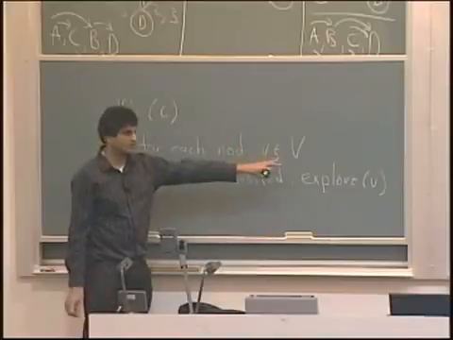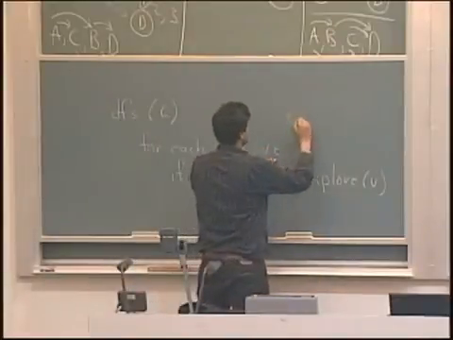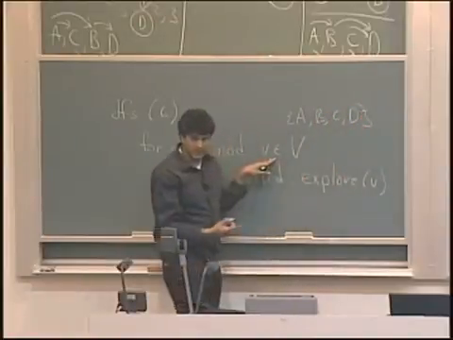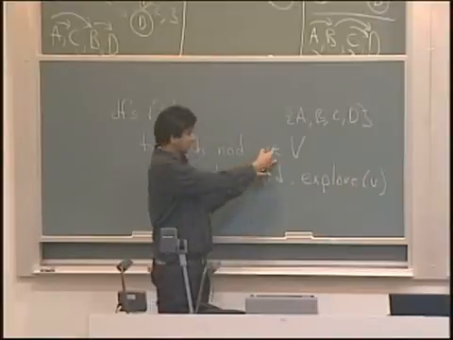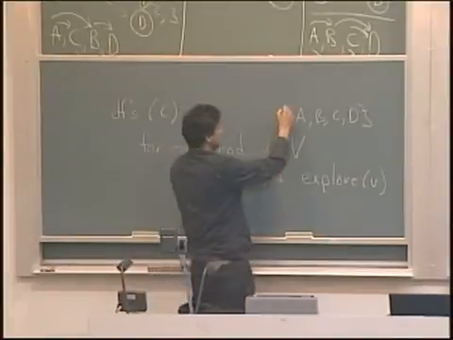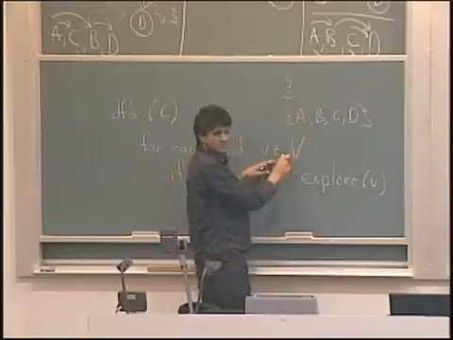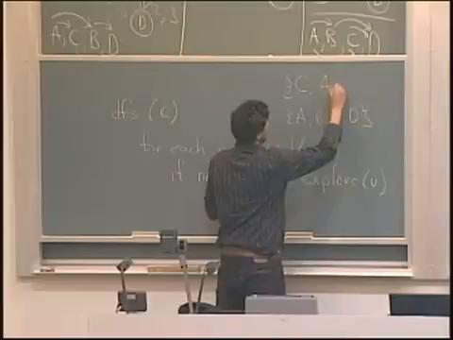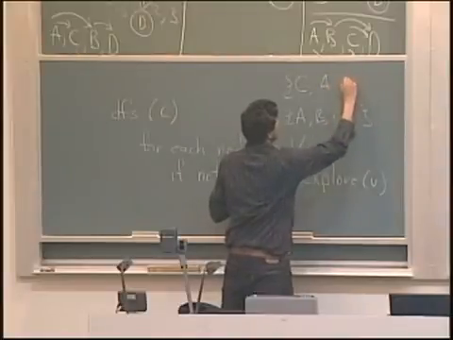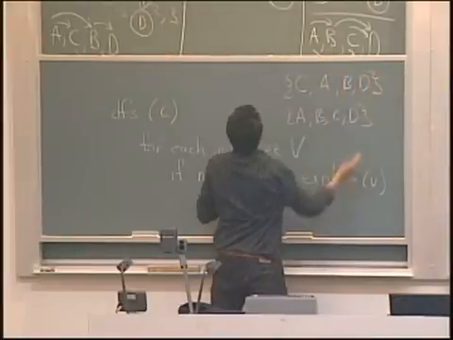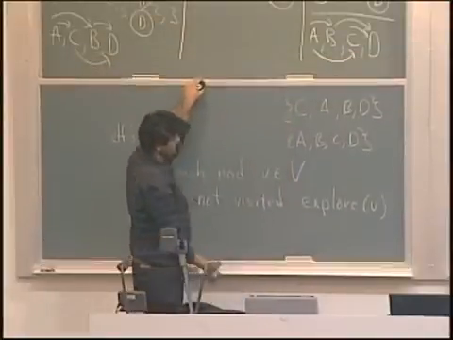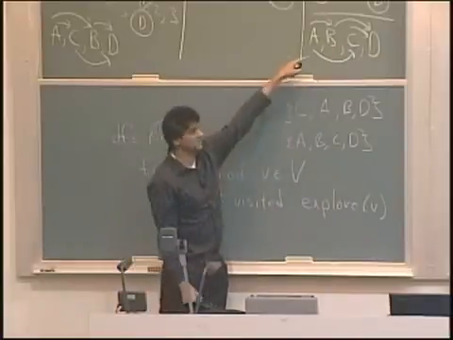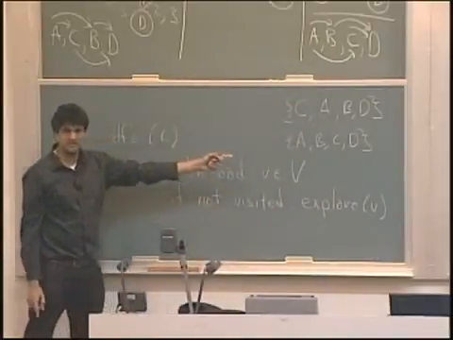In this example, this will be A, B, C, D. That's the one order we were given these vertices. But there's no particular reason to think we were given these vertices in that order. In the other one, the order in which we went through these nodes is C, A, B, D. In this case, it's A, B, C, D.